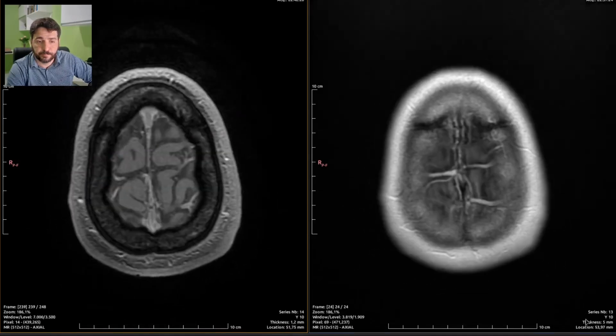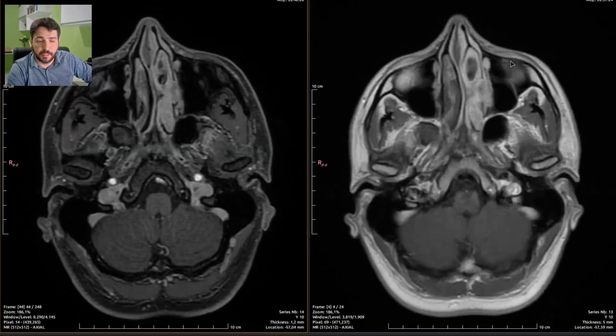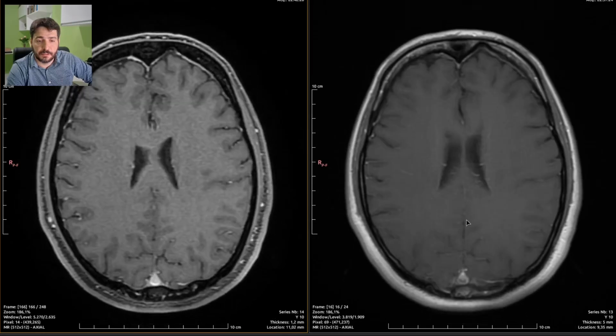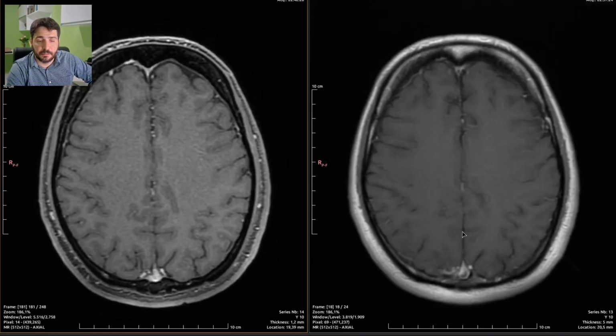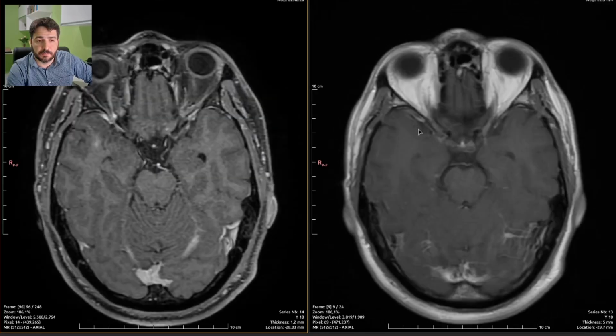So let's look at it very carefully. Now, no thrombosis, no enhancement, no signs of disease whatsoever.